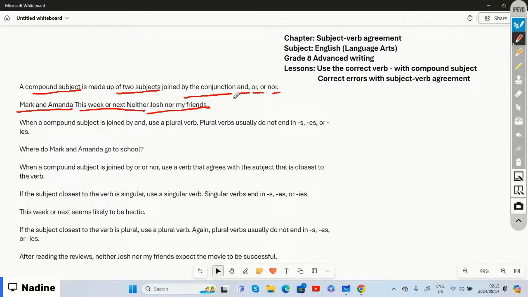And also, when a compound subject is joined by the word and, remember when we use the word and, it's like we are joining. Either we're joining words or we are joining sentences, but we are joining because we are adding to it.